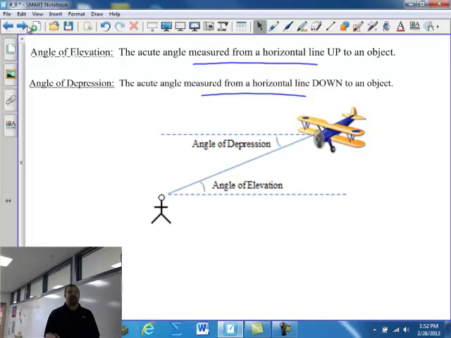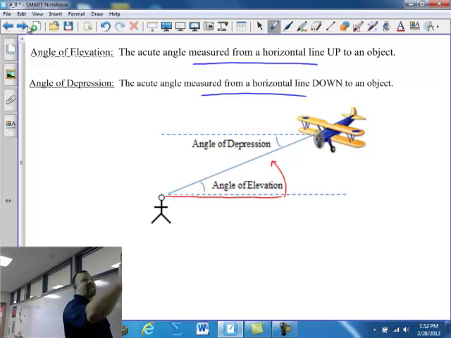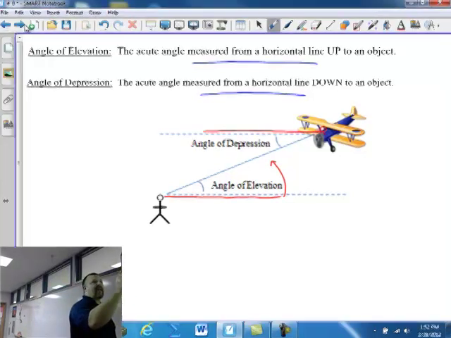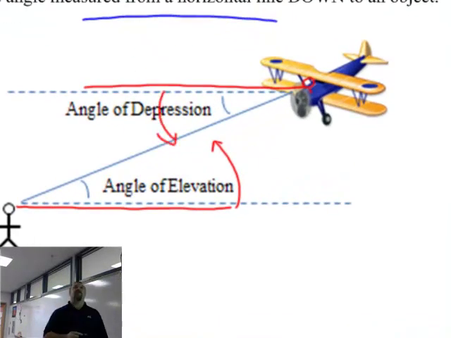If you are looking horizontally, you look upward to elevate. But if there's a guy in this plane, and he's looking this way, he looks down from the horizontal. Everybody wants to make the angle of depression somewhere else, so let's make sure we get it correct.